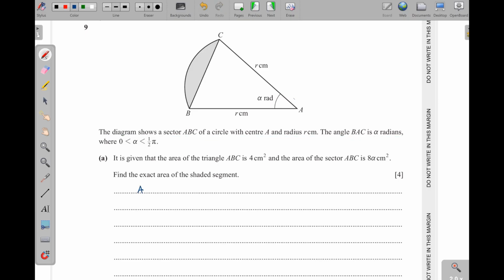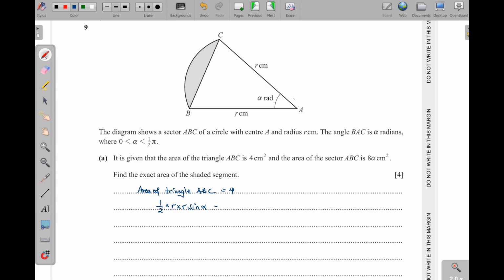Now we are given area of a triangle ABC, which is equal to what? 4. An area of a triangle which is not right angled, we just need to have this side known, and the angle in between. Okay, so meaning we are going to have a half times r, then sine of the angle in between the two lengths.